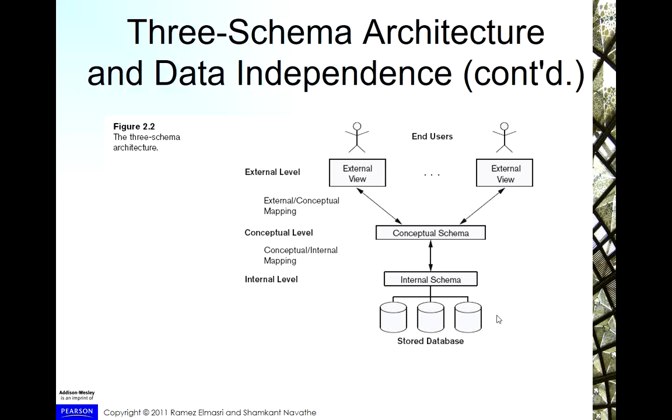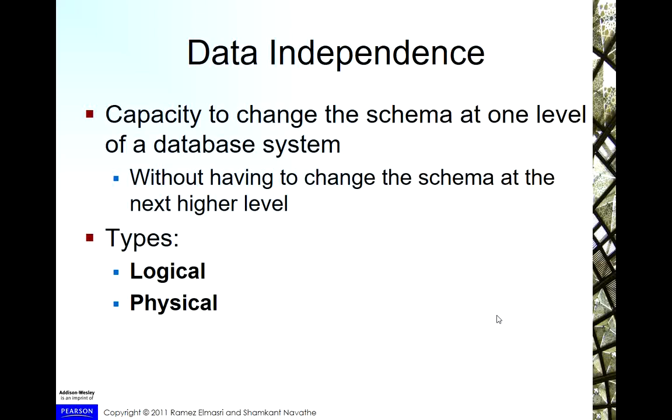Also, the capacity to change the schema at one level of a database system without having to change the schema at the next level is called data independence. Data independence means data is independent of applications.